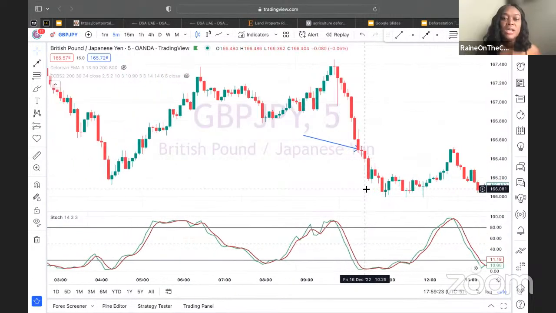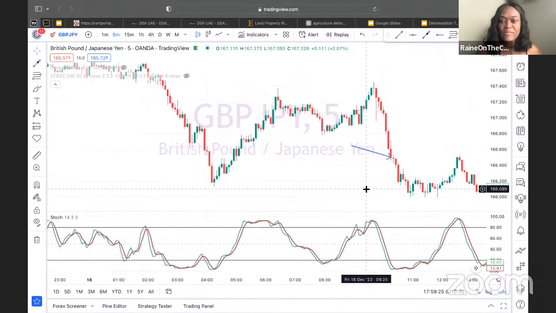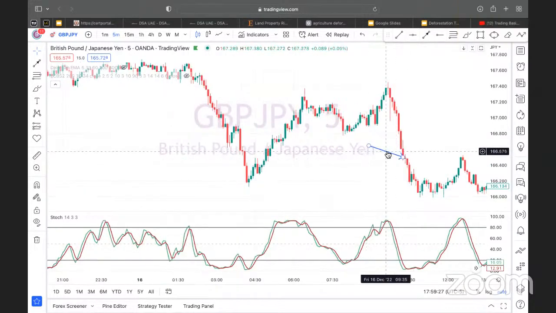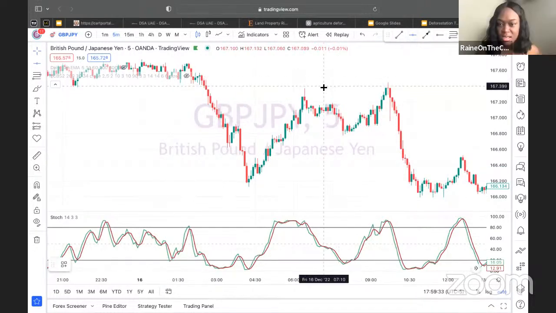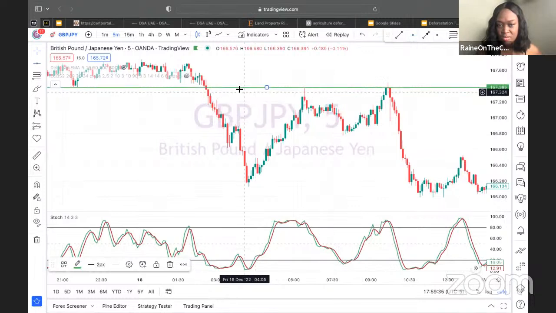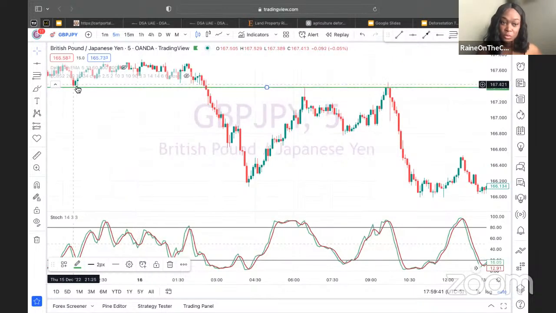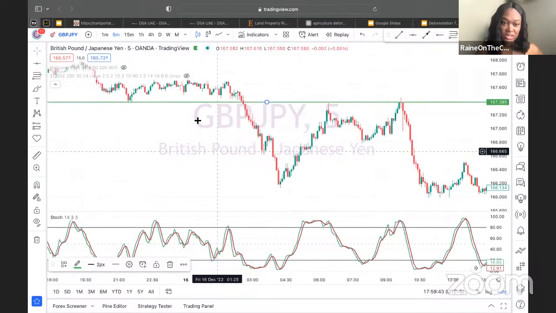Okay, so this is on the 5-minute chart, right? So this is resistance right here. It was support over here.